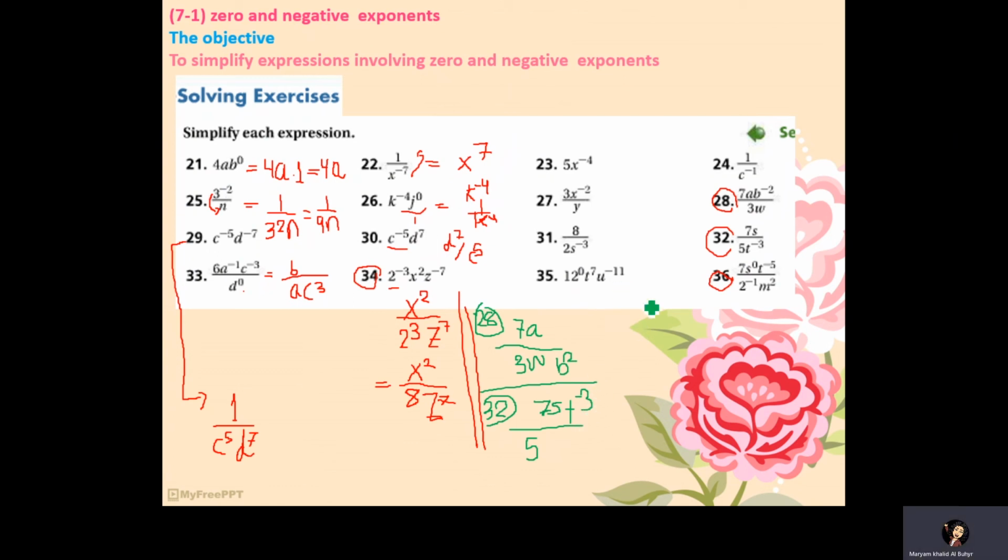The last one, I'm going to solve it here. So that will be 7. I will keep it as it is. S to the power 0 is 1, times 1, nothing. Then I will move this down. I will move the 2 up. So now that will be t to the power 5. I will keep m to the power 2 already down.